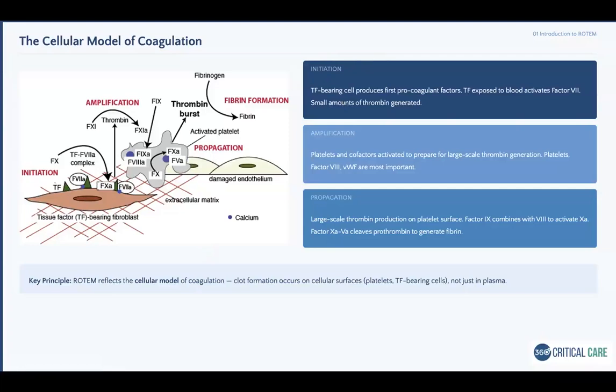For example, initiation is initiated by the tissue factor, and then the tissue factor exposed to blood activates factor 7, which starts to go into the next phase, the amplification phase and propagation phase. I'm talking about these phases because particular parameters in Rotem look at different phases and you correct the abnormality based on that.